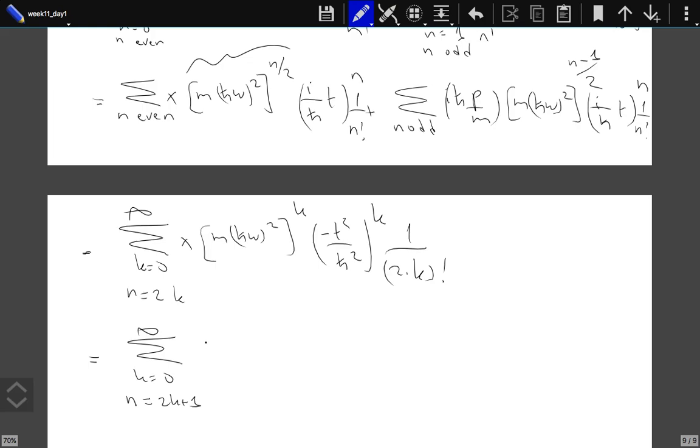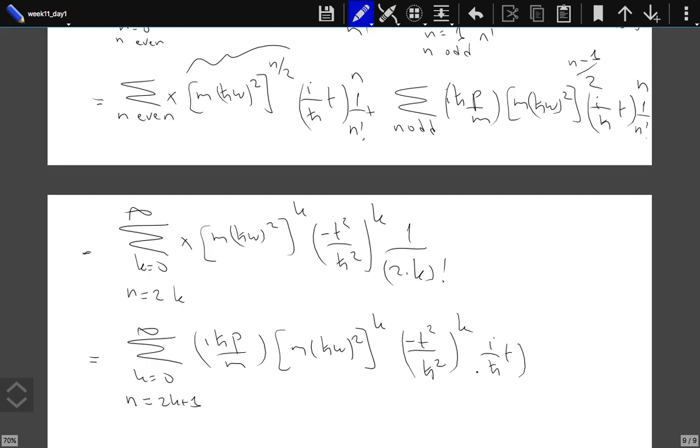So that sum becomes i h bar p over m times h bar omega squared to the power k, times minus t squared over h bar squared to the power k, times i over h bar t to the power 1.